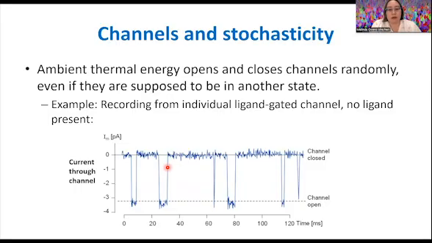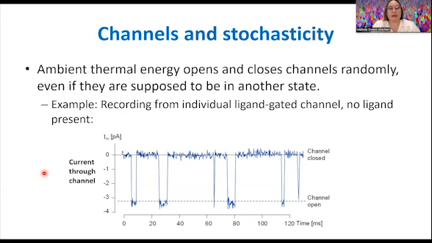And those water molecules and other molecules too, when they move around, they bump into channels, and that random movement will affect the channels and make them close and open randomly.